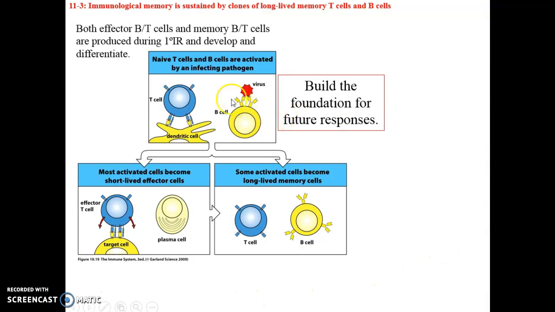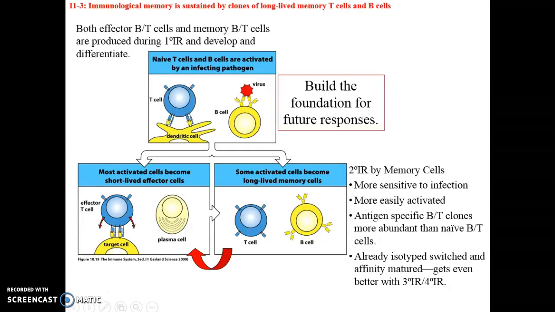Here, naive T cells and B cells are activated in the primary immune response, and most activated T cells become short-lived effector cells. These are the effectors, those that do the work in the moment, but some become memory cells, the memory T cells and memory B cells. This part builds the foundation for those secondary responses.